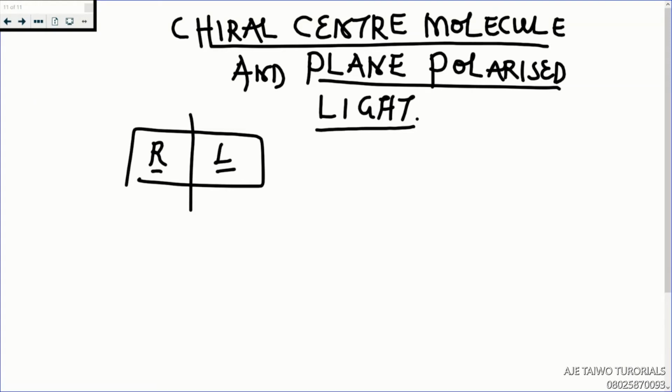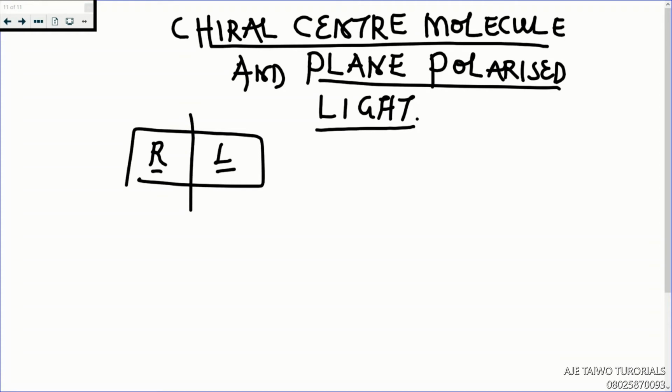So we have two types of rotation because we have the enantiomers. One of the enantiomers will rotate plane polarized light to the left, and the other rotates it to the right. So let's write this down fast.